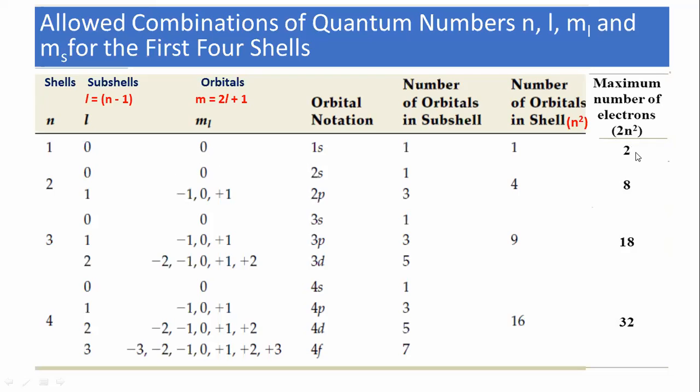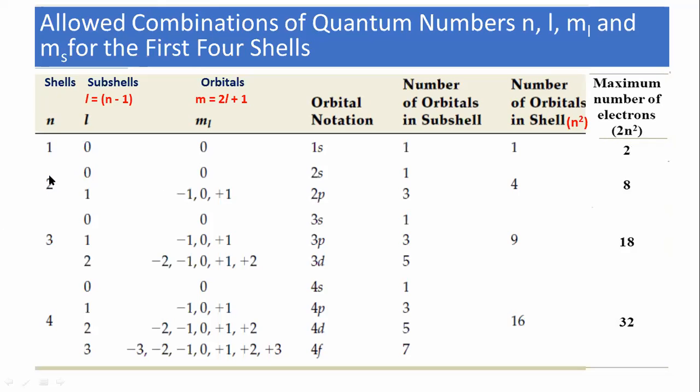Or you must remember there is always the possibility to occupy only 2 electrons in each orbital. There is no possibility to occupy more than 2 electrons in each orbital. So you must remember this formula also. Let's move to the second shell, so it will be more clarified to you.